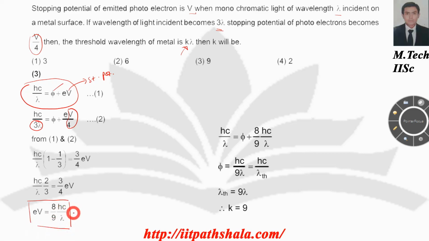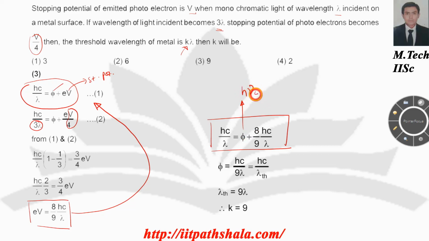Now I can just replace the following expression in my first equation over here. I'll be landing up with the following expression. Now you have to find the value of phi, and you also know that this phi is having the value of h nu naught or hc by lambda naught, which is your threshold wavelength.